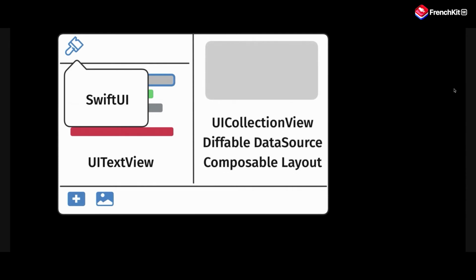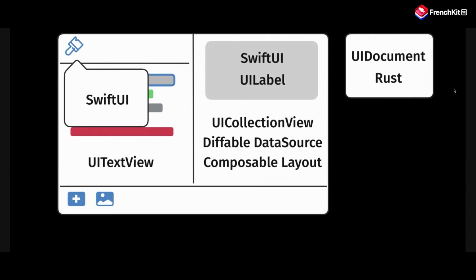And then on the right side, you have your collection view with different data sources and composable layout that's responsible for the slides. In the slides, there's UIKit and some UILabels for enhanced text rendering. And then all the data is the UIDocument, and the parsing is mostly done in Rust. So Rust parses it back to your document, and then I'm using Combine to move this data back and forth.